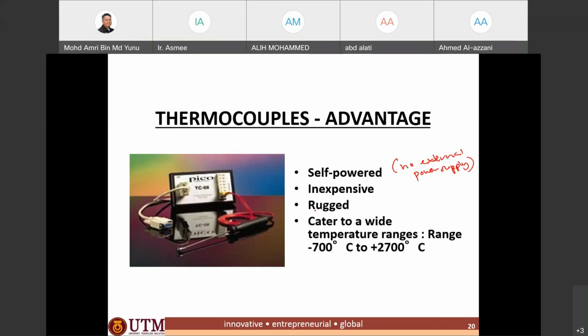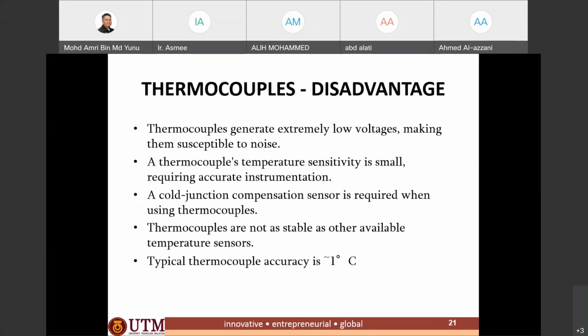And it can measure quite a large temperature range, from minus 70 degrees Celsius to 2700 degrees Celsius.